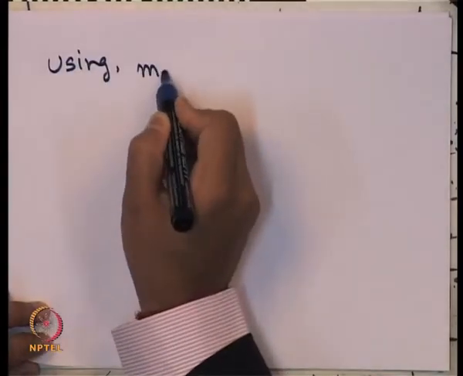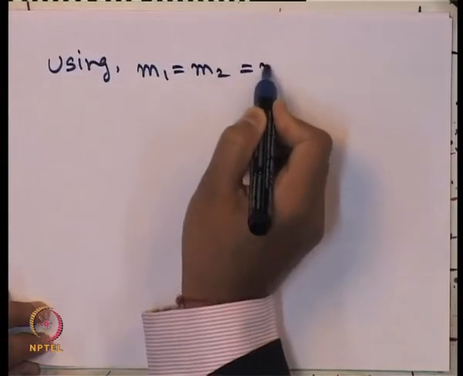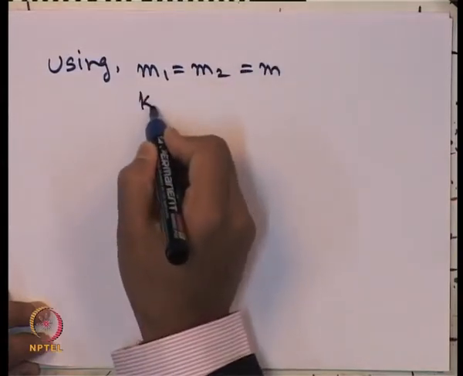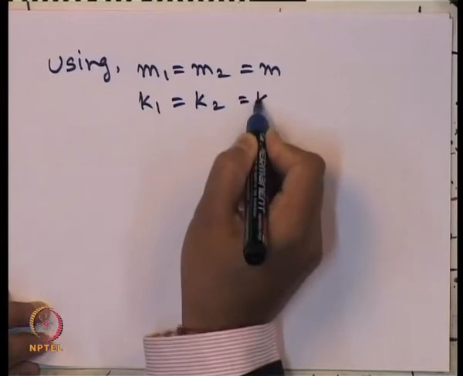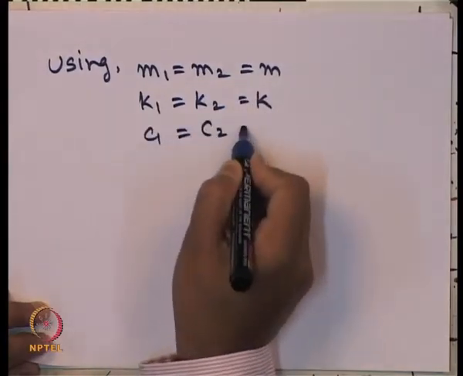Using m1 equals m2 equals m, that is what is given to us, k1 equals k2 equals k, and c1 equals c2 equals c.